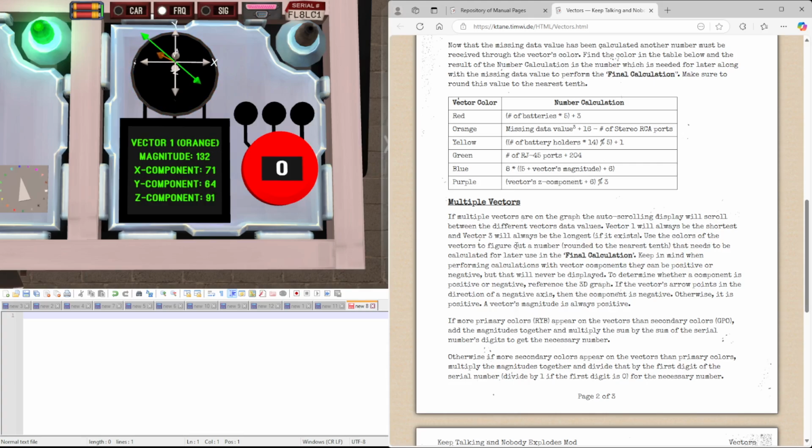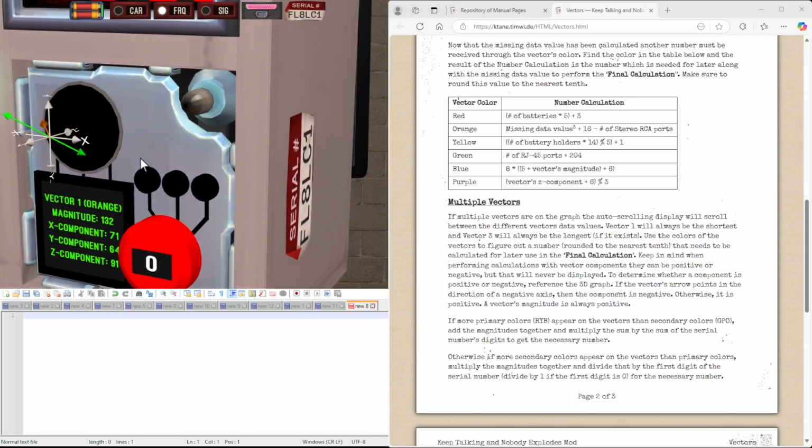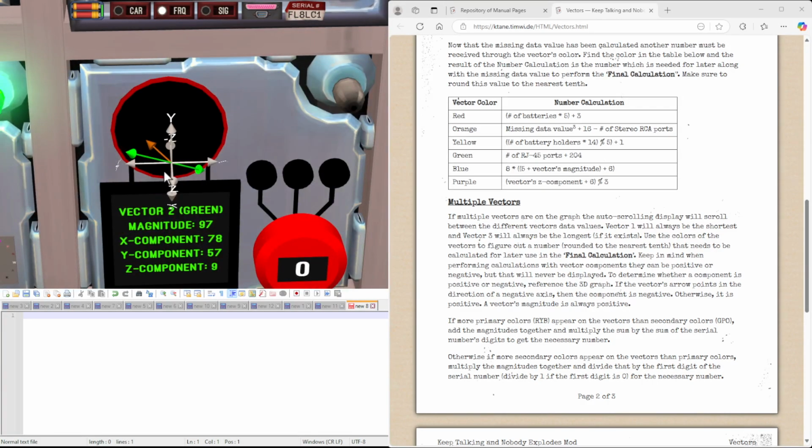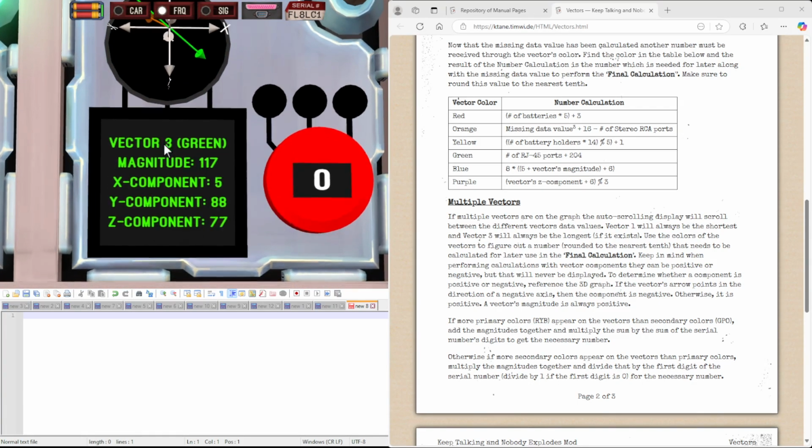Use the colours of the vectors to figure out the number, rather than the nearest tenth, for the final calculation. So the shortest one is the orange one. Or rather, it will always be the shortest.